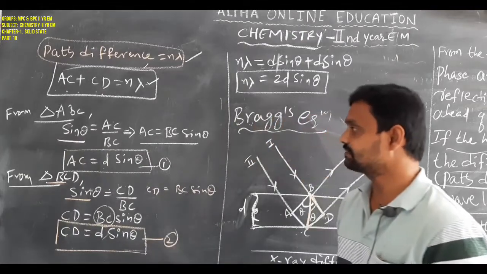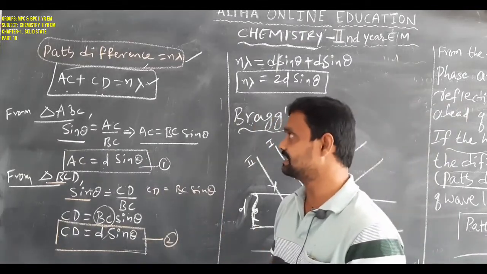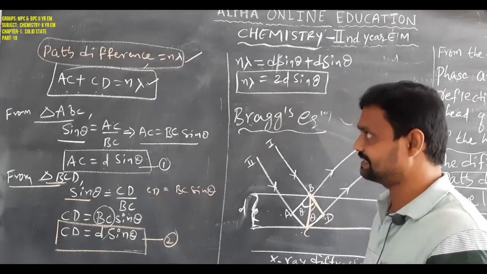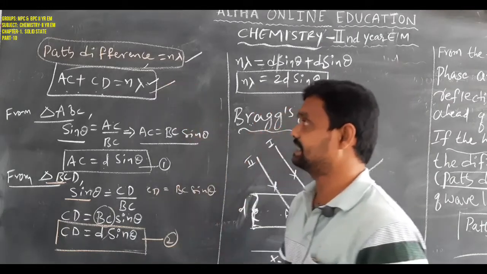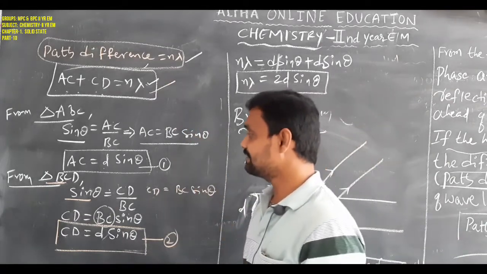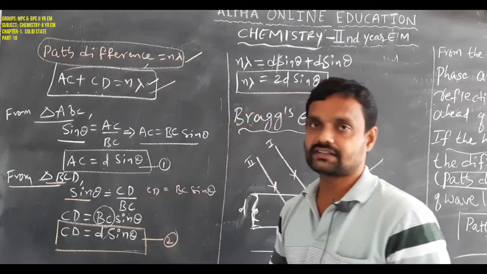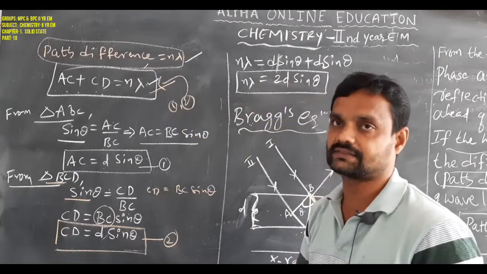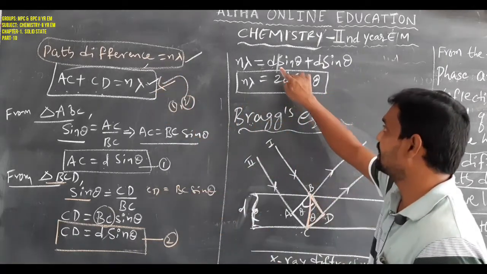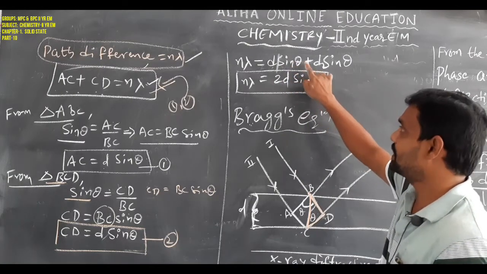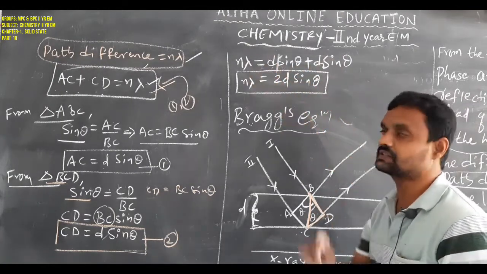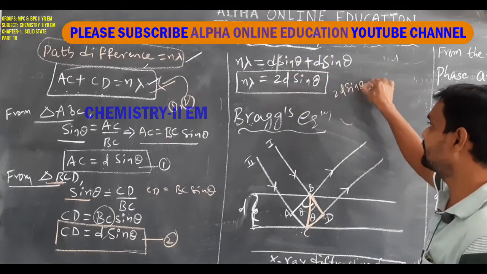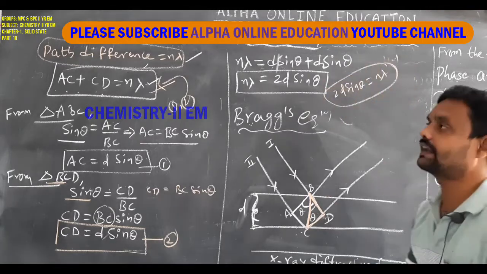From equation 1 we get the AC value, d sin theta. From equation 2 we get the CD value, d sin theta. In the equation AC plus CD is equal to n lambda, the AC and CD values are substituted from equations 1 and 2. Finally the equation becomes d sin theta plus d sin theta equals n lambda, that is 2d sin theta equals n lambda.